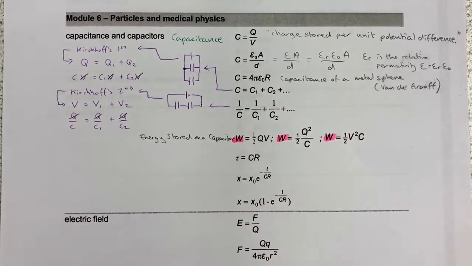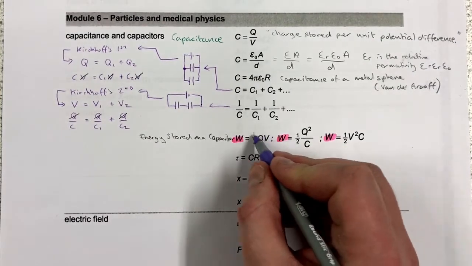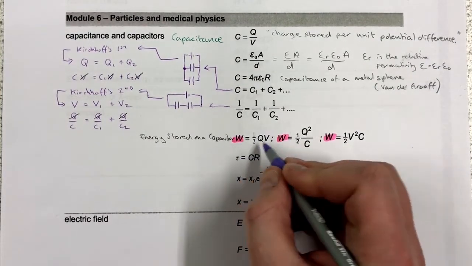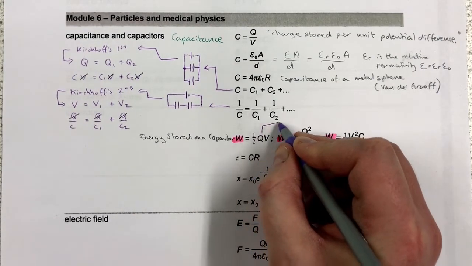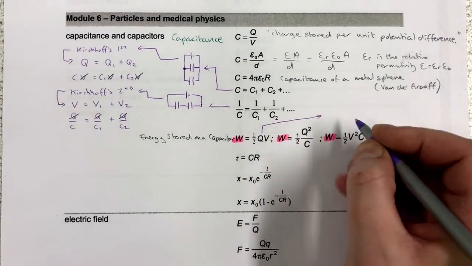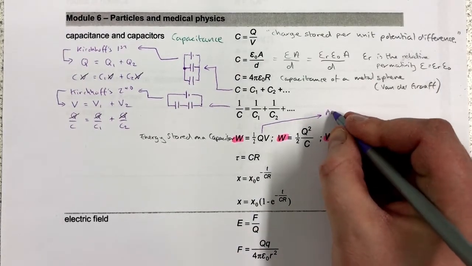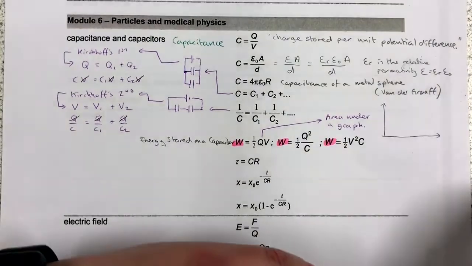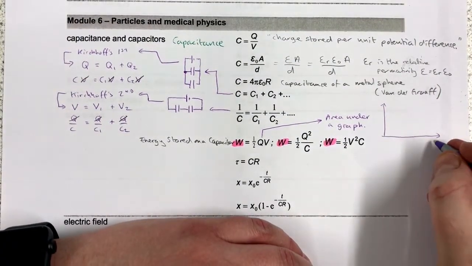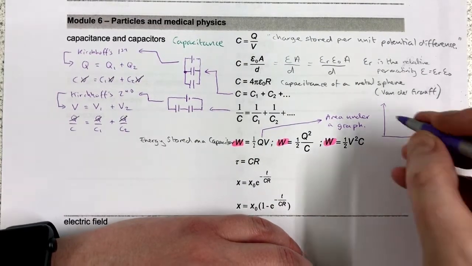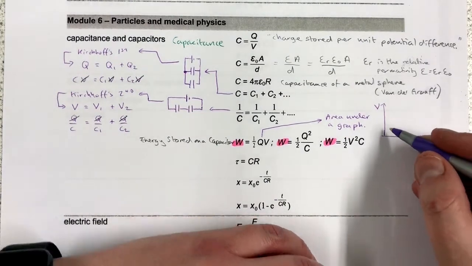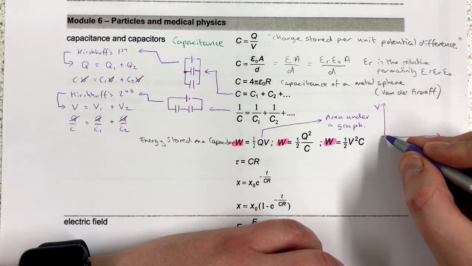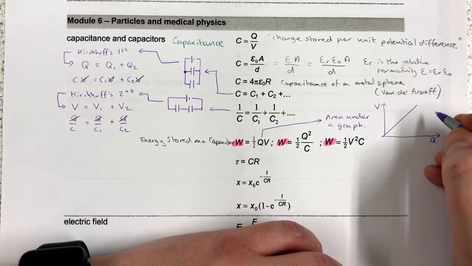The origins of all of these equations comes from this one right here, the one at the beginning, energy equals a half QV. So there's an origin story that's going to go with that. This represents the area under a graph, and that graph is the more charge you load onto the plates, the more potential difference you'll have across them, or the bigger the potential difference you put across the plates, the more charge you'll store upon them, with the gradient, straight line gradient like so.